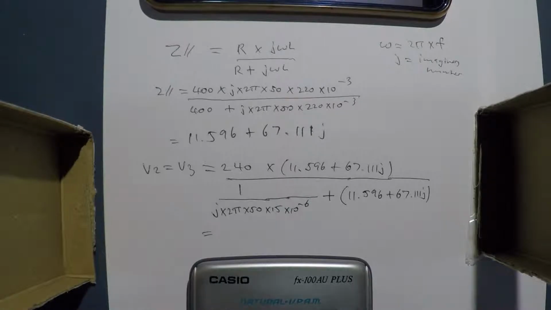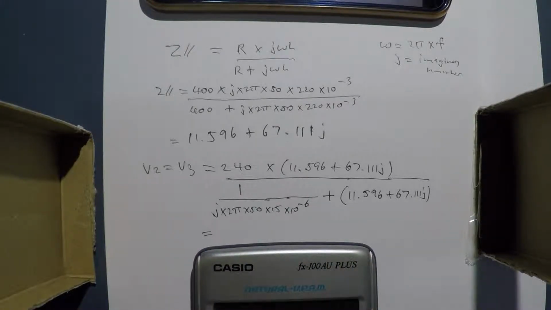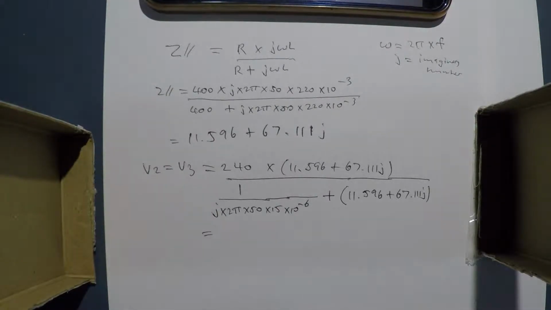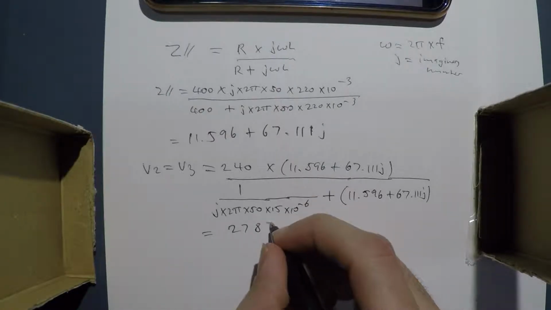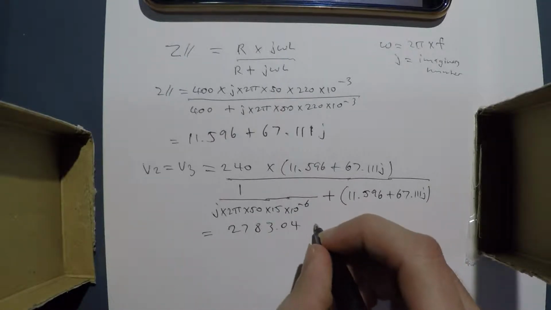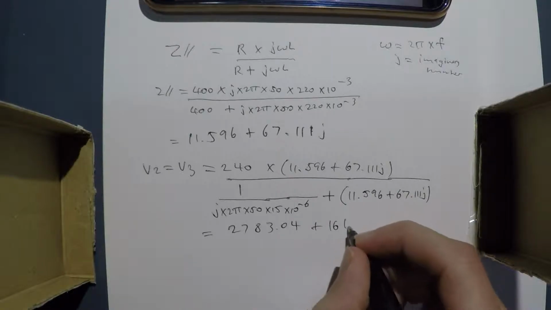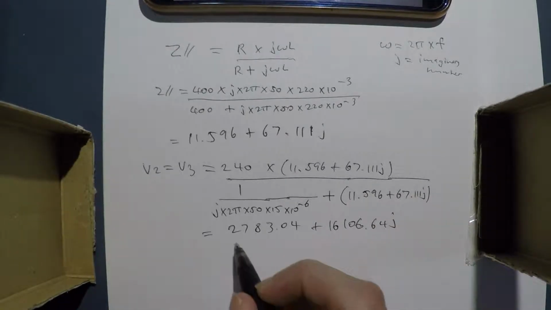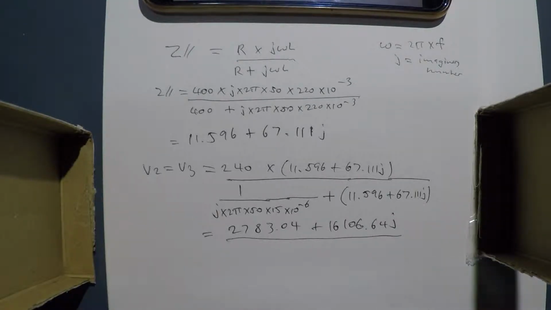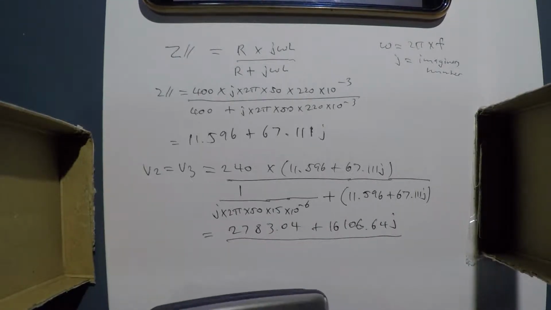I'll multiply the top first. And we get 2,783.04 plus 16,106.64J, and that's over all of that, which I'll now do.